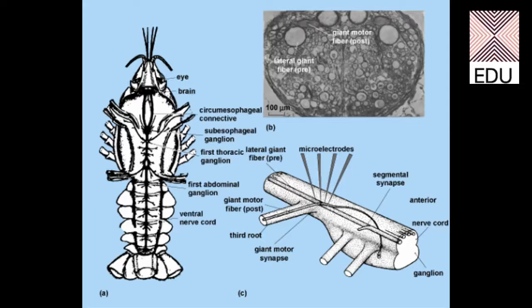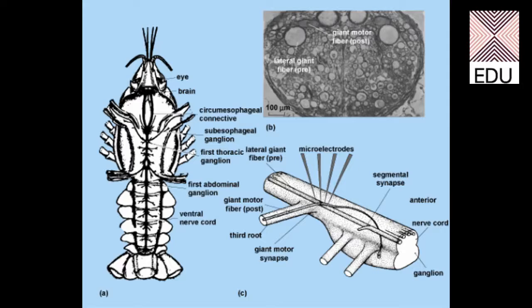You may find a word written in the books, LG. These are the lateral giants. So in total we have 4 giant fibers in the crayfish, which are responsible for the fleeing actions of the crayfish in a predatory action.